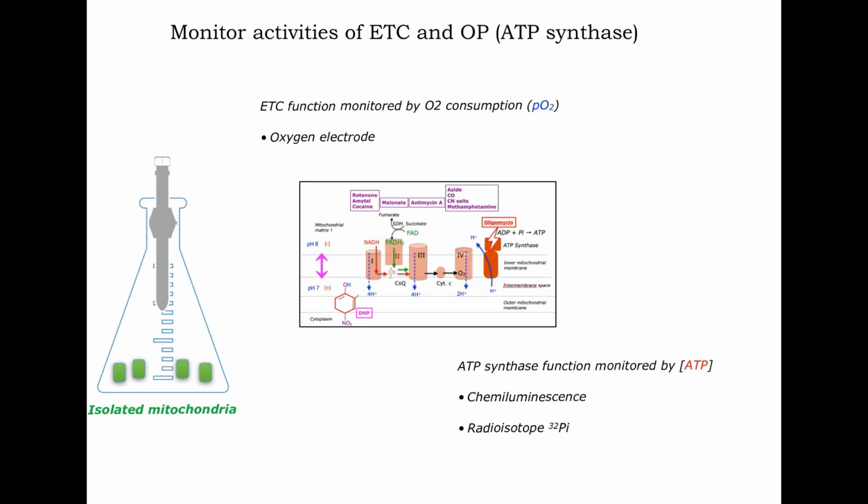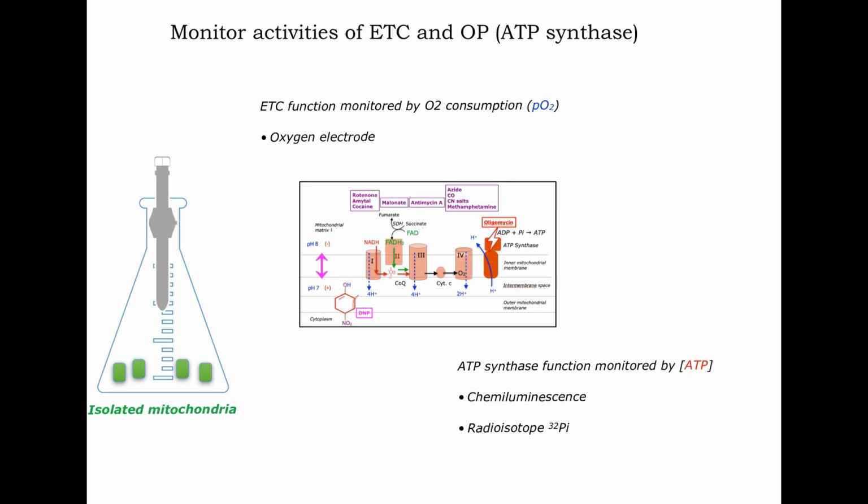The activity of ATP synthase can be conveniently measured by measuring the concentration of ATP that is produced by this enzyme. And the concentration of ATP can be measured by several different methods, including chemiluminescence, as well as by using radioisotopes such as P32.